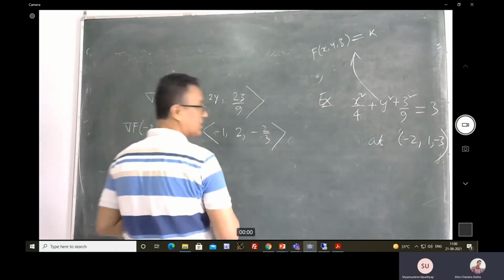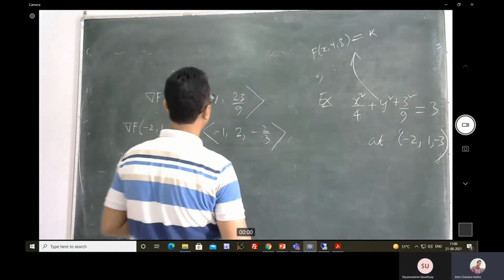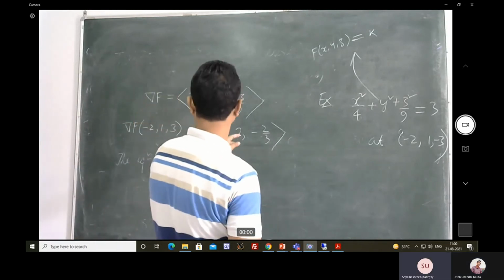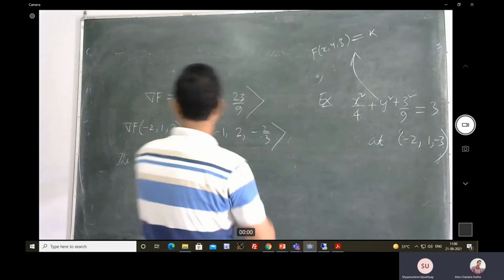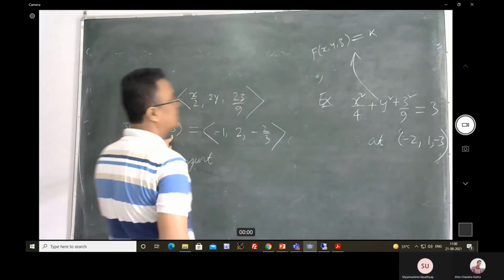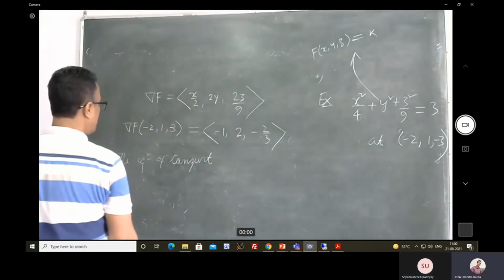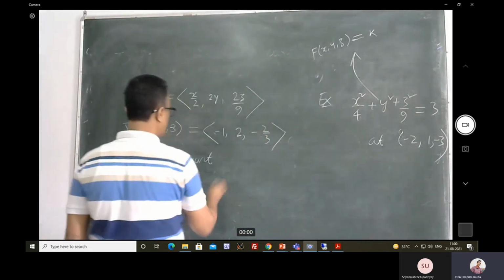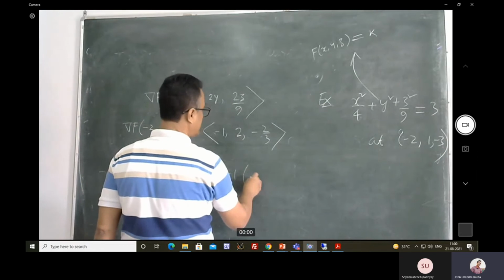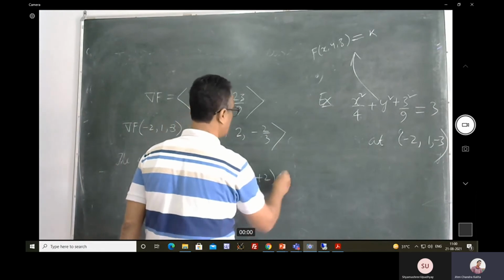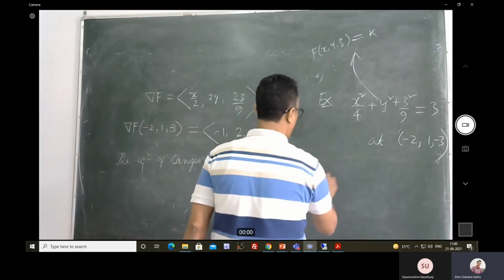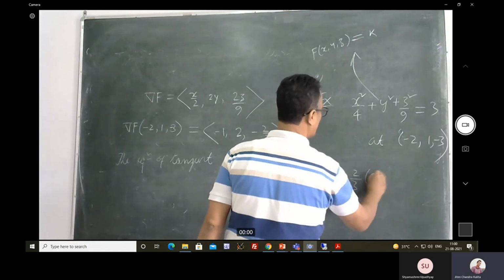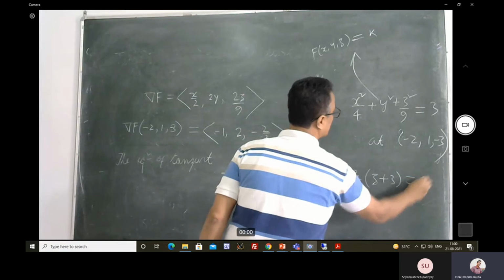Okay, so then I'll quickly write the equation of the tangent plane. It is simply -1 into x plus 2, plus 2 into y minus 1, minus 2 by 3 into z plus 3, equal to 0.